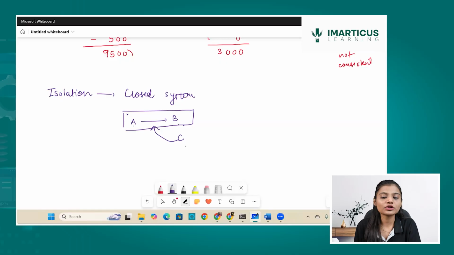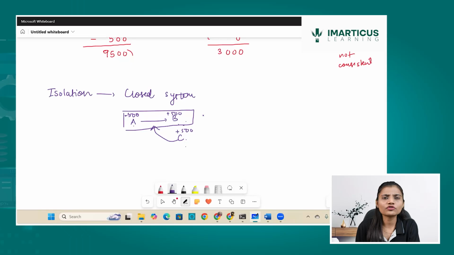So if I am transferring 500 from A, I am deducting 500 from A and adding 500 to B. It is not going to be added to C because C was never a part of the transaction, and that isolation is kept when multiple transactions happen at the same time.